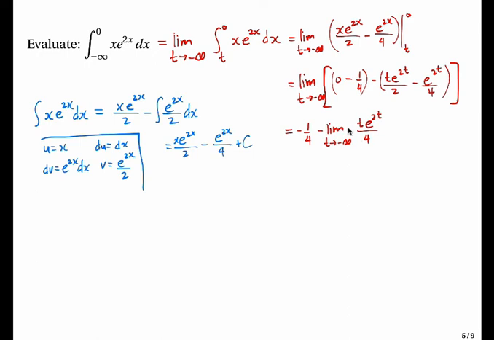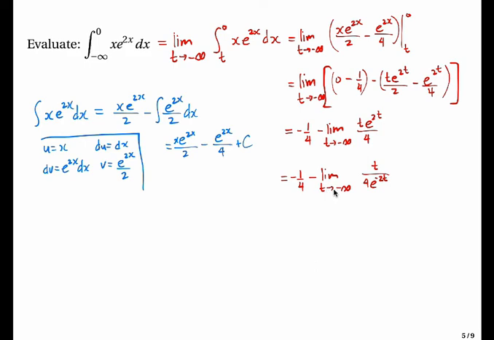And for this, let us rewrite this in another indeterminate form. So we have 1/4 minus the limit as t approaches negative infinity. We'll rewrite this as t over 4 e to the minus 2t. And why is that?